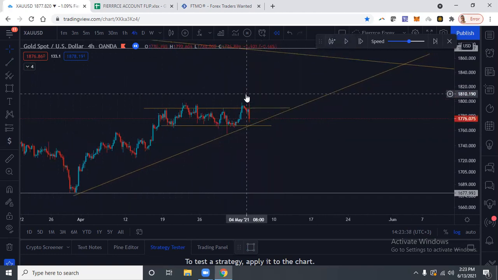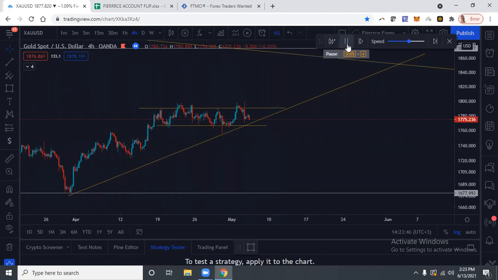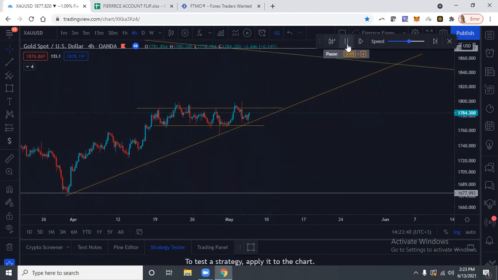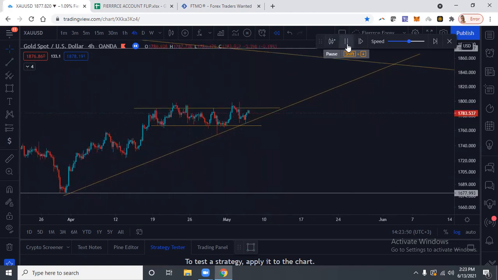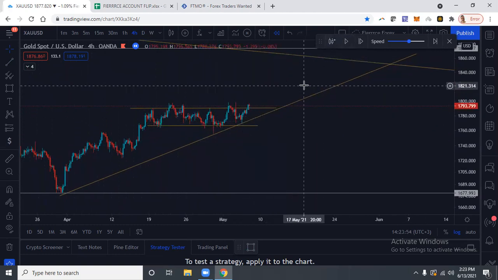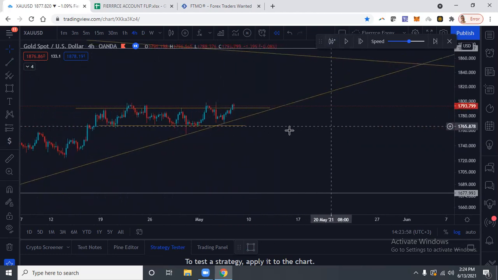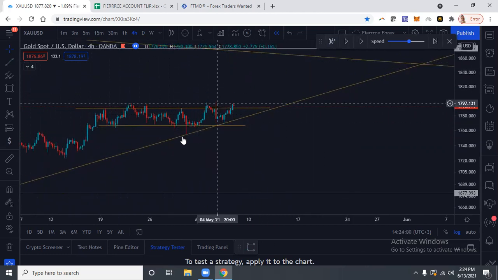So we have seen a rejection happening here. We have broken structure again. This here is definitely manipulation in the market.